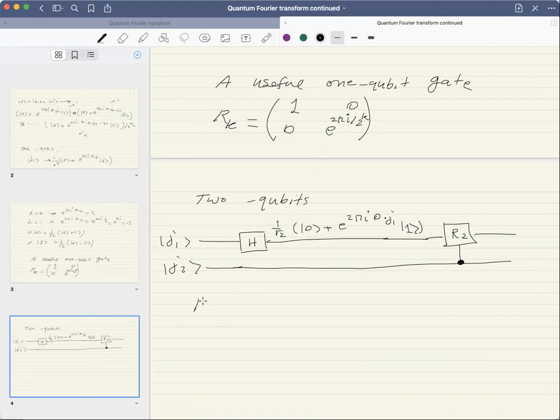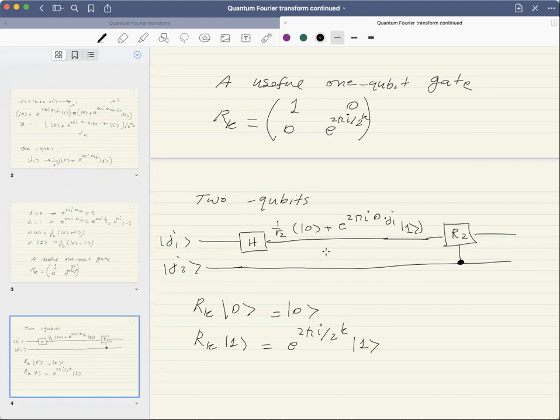So let's write the action of RK actually. RK acting on 0, it has a 1 there, so it always gives me 0. And RK acting on 1 gives me that number, e to the 2 pi i over 2 to the k, times 1. So now this control R2 when J2 is equal to 1 doesn't change the 0.